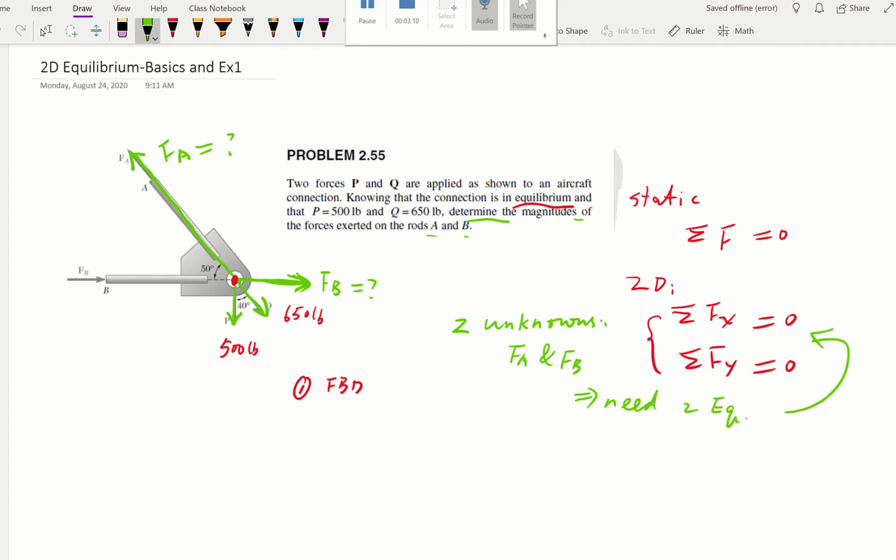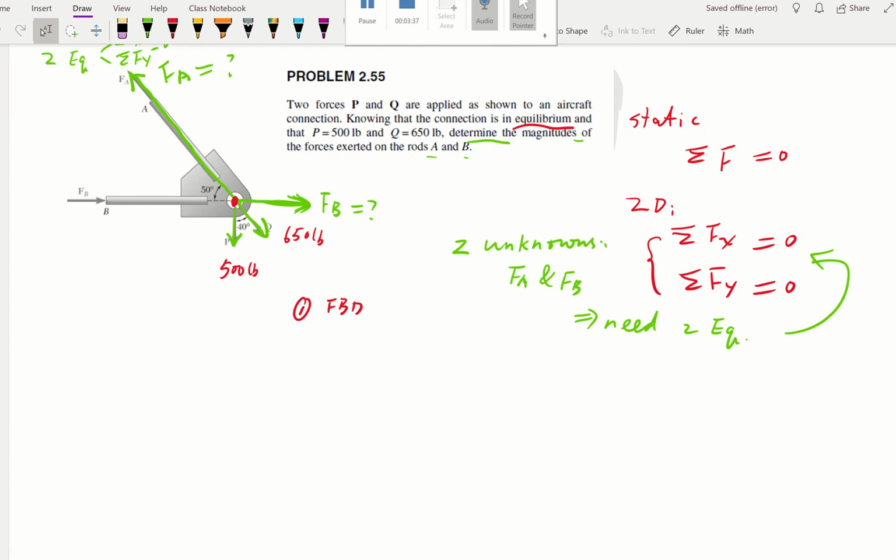Yes, we do: the sum of forces in x equal to 0 and the sum of forces in y equal to 0. That is how we solve 2D equilibrium. In essence, 2D equilibrium is two equations, forces in x and forces in y, both equal to 0. Then we can solve for the two unknowns. That's it. So now let's solve this problem.